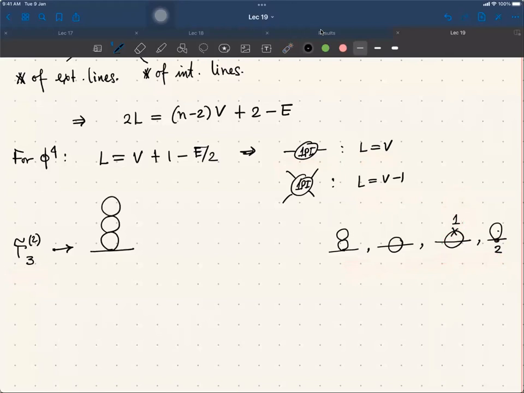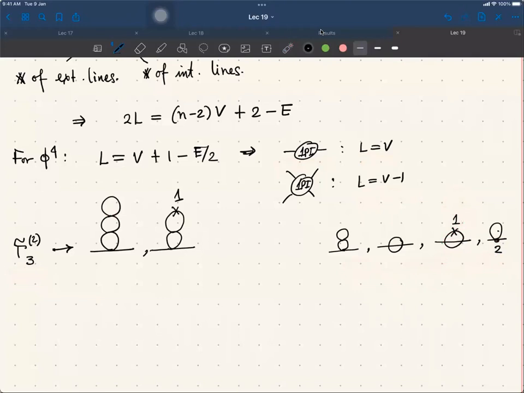You could add this loop in a normal way with an original vertex of the theory, but you could also add the loop by adding cross vertex at level 1. So that will be a 3-loop diagram or lambda to the power 3 diagram.